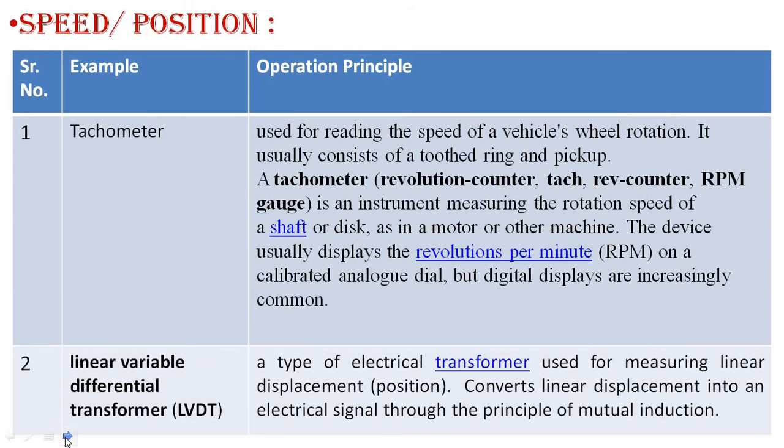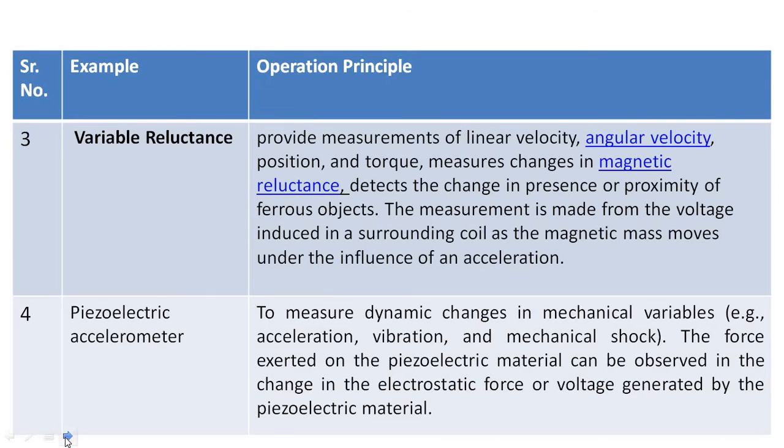The third example of speed and position is the variable reluctance sensor, which provides linear velocity, angular velocity, position, and torque. These are the parameters measured by the variable reluctance sensor. It measures changes in magnetic reluctance to detect the change in presence or proximity of a ferrous object.